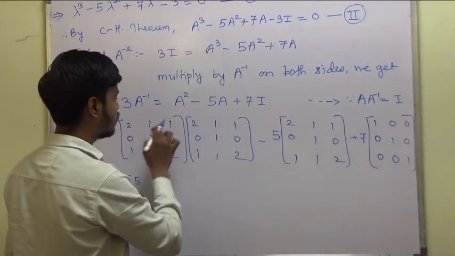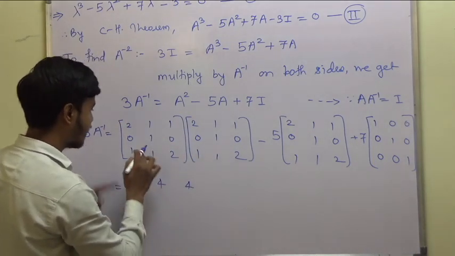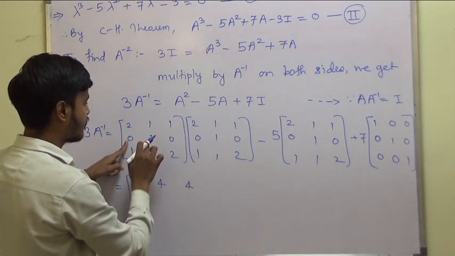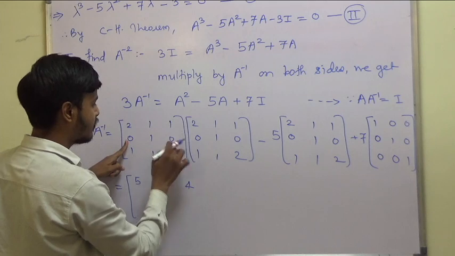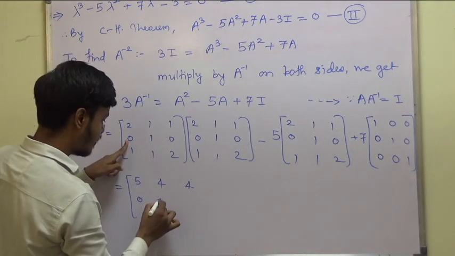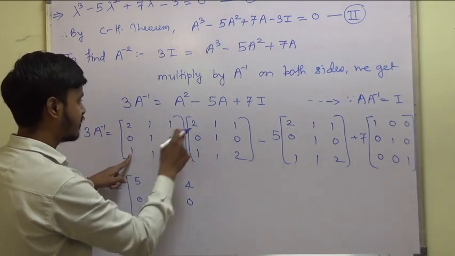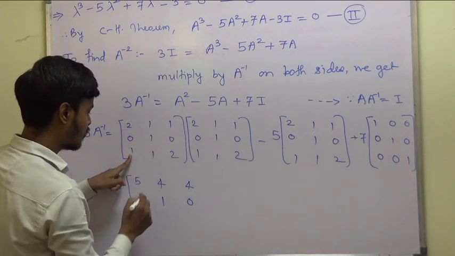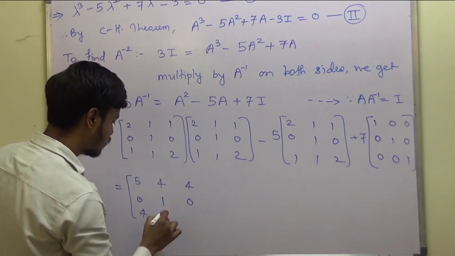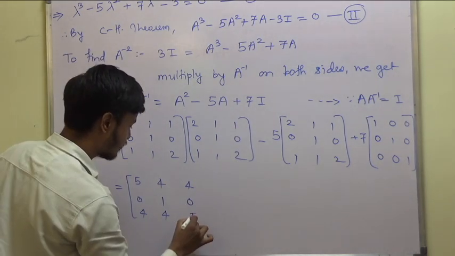Then 2, 0, 2, 4, 2, 2, 4. Then multiply this, and so on.